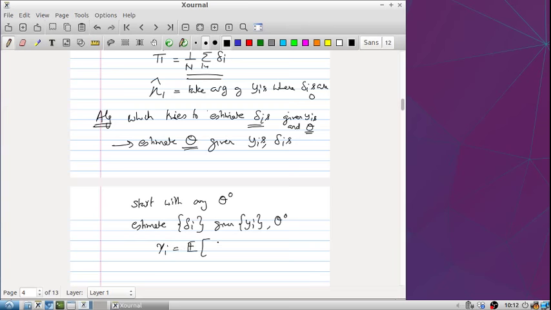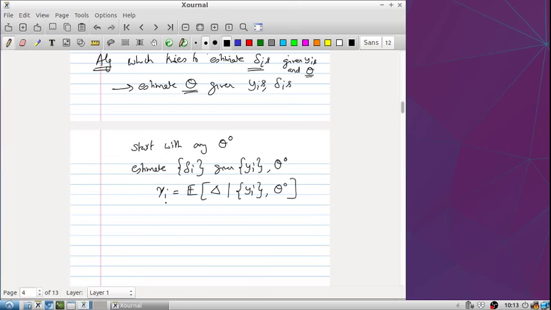It's going to be the expectation of the delta random variable given data yi and theta. I said estimate delta i's, and delta i is supposed to be either 0 or 1. Instead of estimating delta i's, I'm going to estimate a number between 0 and 1.